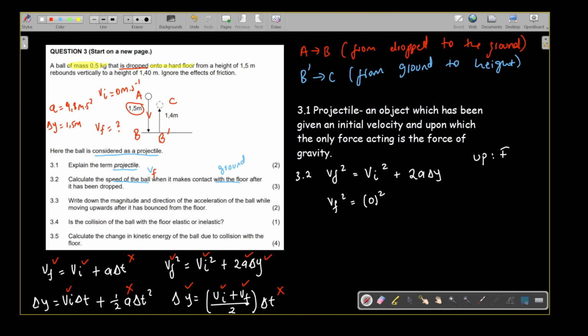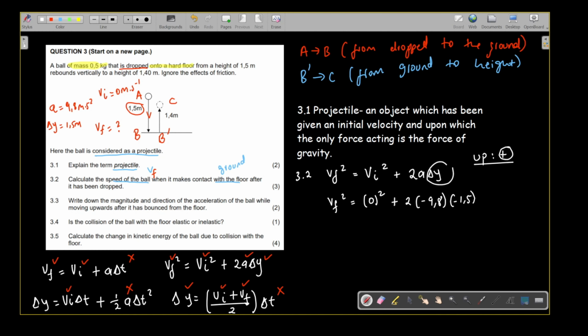I'm going to choose up as positive. You're more than welcome to choose down as positive, but I'm going to choose up as positive. Acceleration is down, so I'm going to write negative 9,8, and change in Y is down because the object is going down, so you want to put that as negative 1,5.